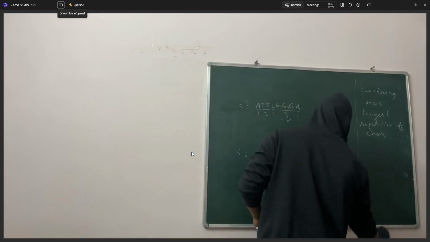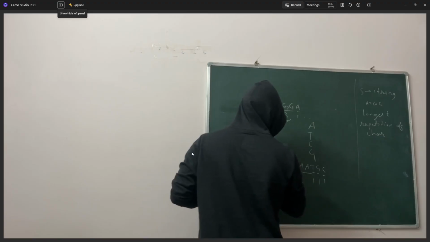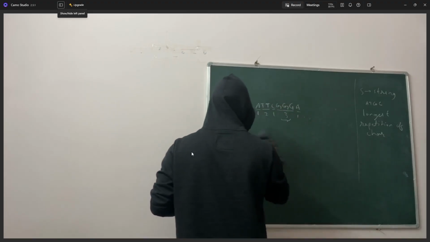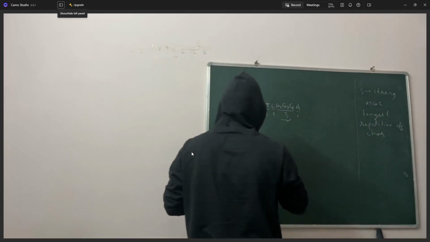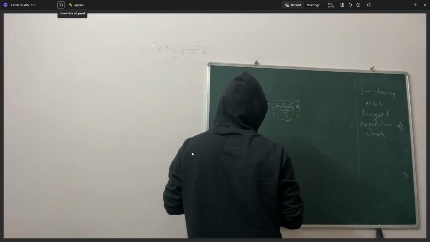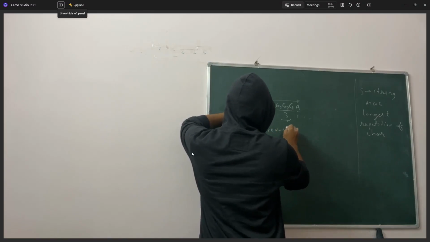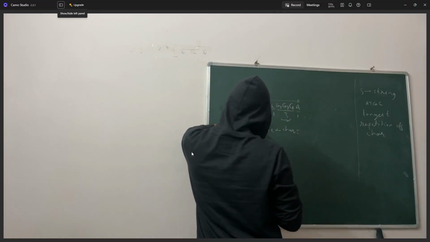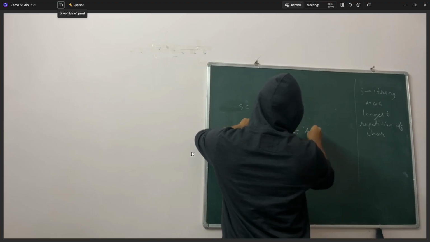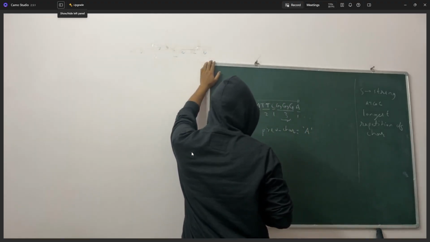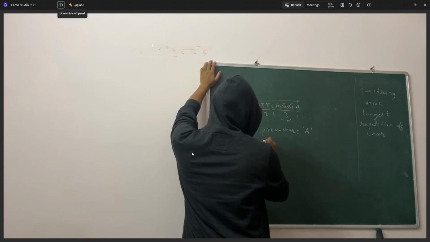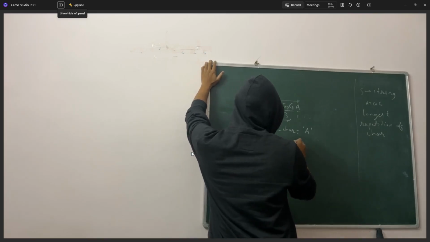So how do you find this? It's straightforward, right? We need to scan through the entire sequence and check. We have to take one previous character, initialized to the first character of the string, which is A. And we'll take an answer, the longest sequence you can call it.